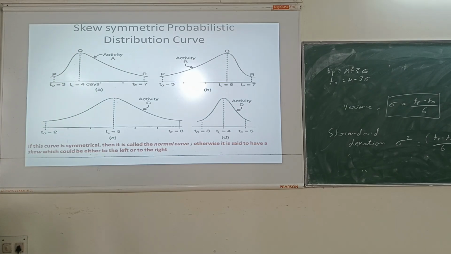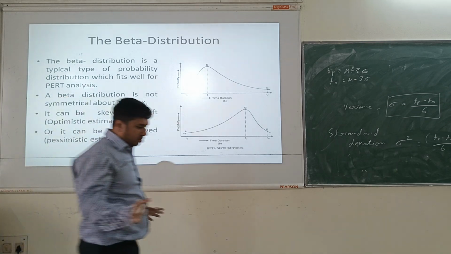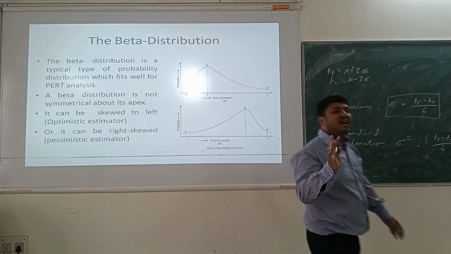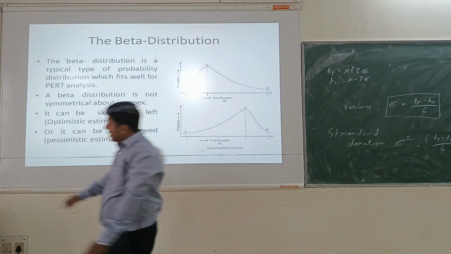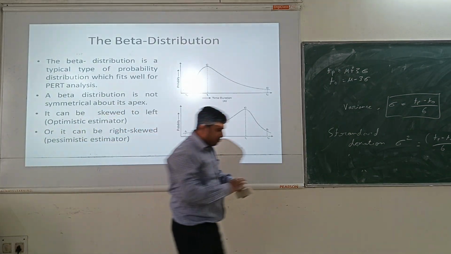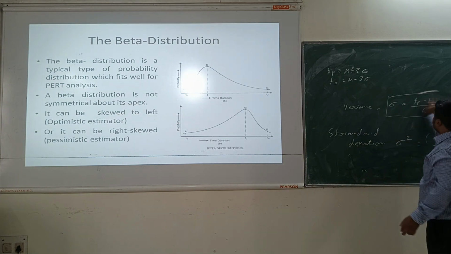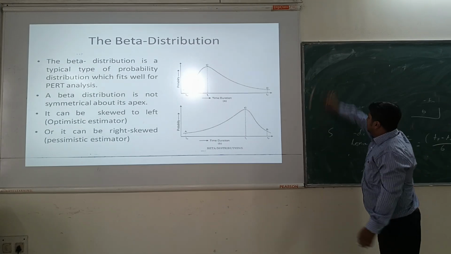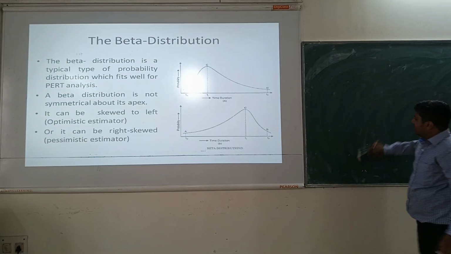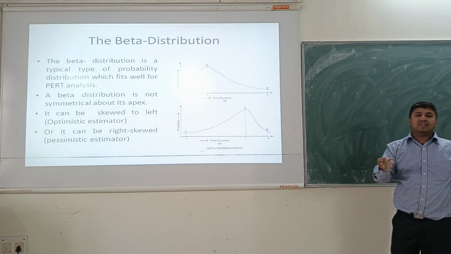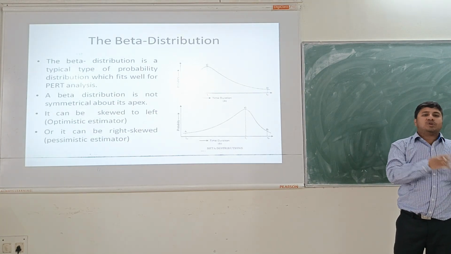So in the PERT evaluation, you will find that most of the curves that we have are not normal distribution curves, but we are using the beta distribution curve. Okay, so this is an important point, that the curve which best fits PERT is your beta distribution curve. If we consider a particular activity that is occurring, most likely it will be either skewed to the left or skewed to the right.